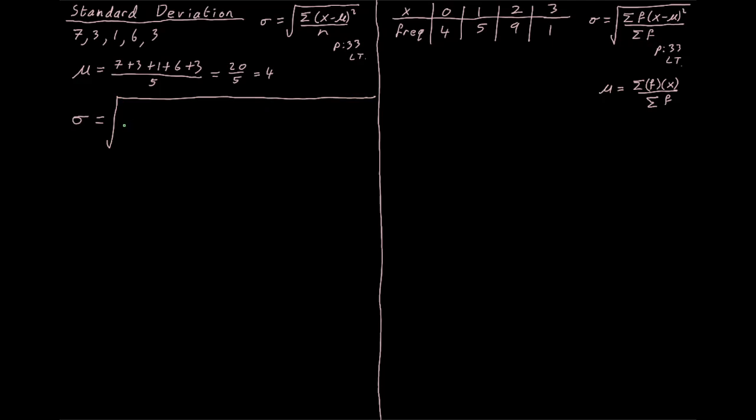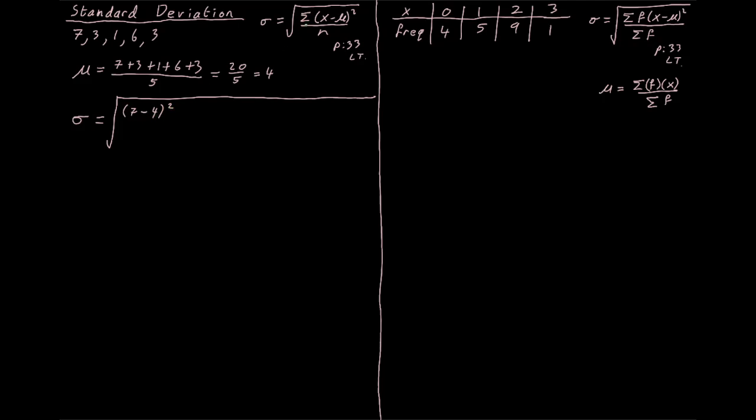And we have lots of stuff to add up. So we need to get the difference between each one of our data points, each one of the members of our set. So 7 minus the mean, which is 4, to be squared. So x minus mu to be squared, our first data point, minus the mean, mu, to be squared.